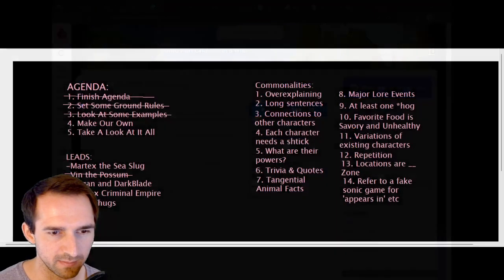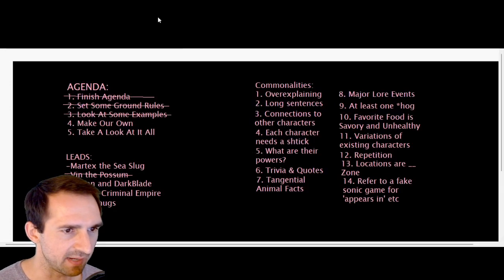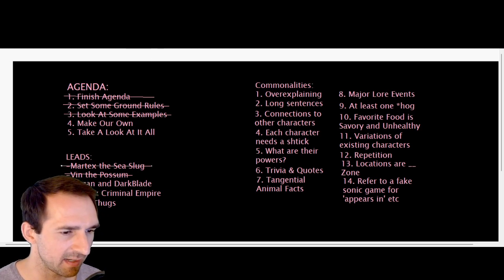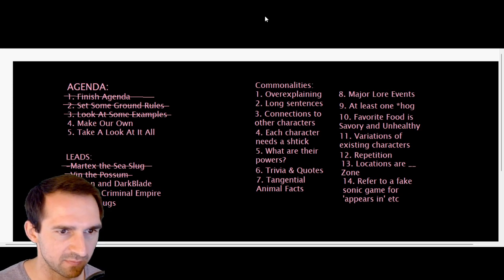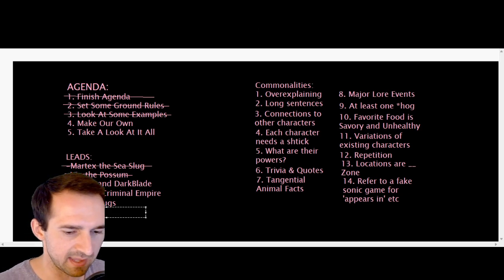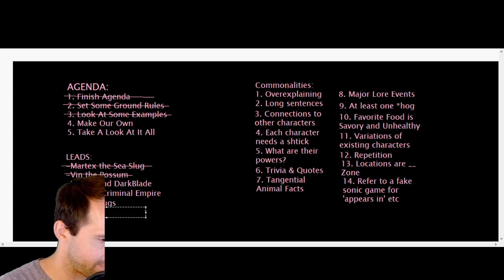Okay, so real quick, we've got some leads. We've done Martex the Sea Slug. I think that's good. We've got 3 little story arcs here. Megan and Darkblade, we've still got. The Slug Thugs, we've got. The Martex Criminal Empire, we've got. Let's just put DebTech versus Martex Construction. I think that's a good angle.